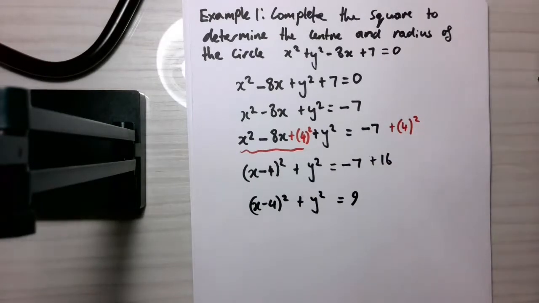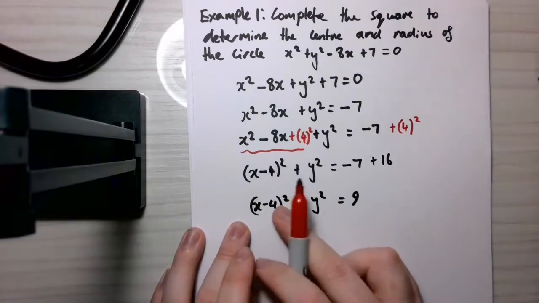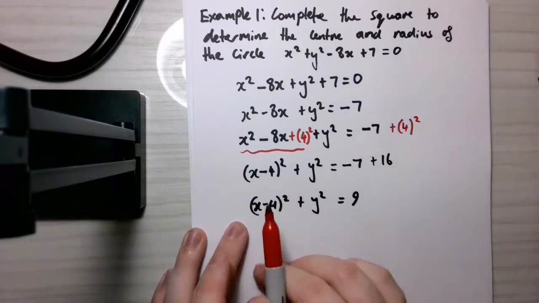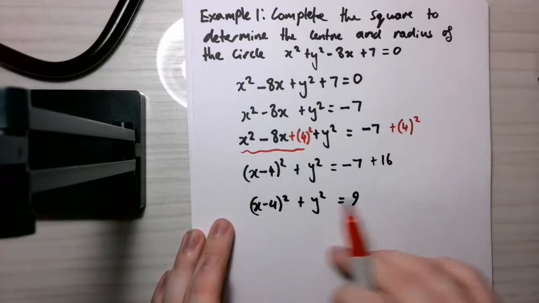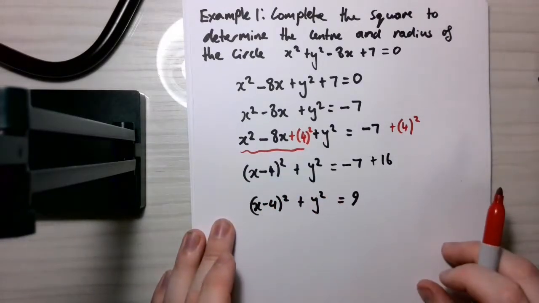Now, believe it or not, we actually have this in center-radius form, so we're actually able to start graphing this circle now. The reason why is, because we only have a number inside of the x bracket, the bracket with the x, it's only going to shift horizontally. And in fact, because it's a negative, it's actually going to shift to the right 4 units.